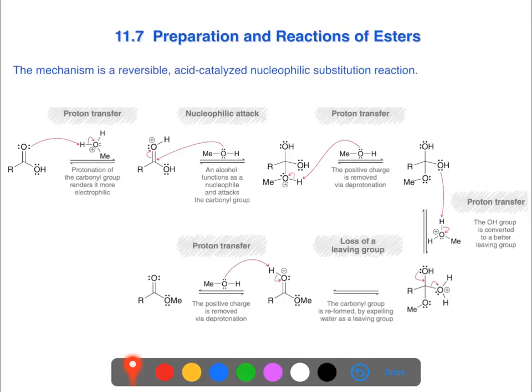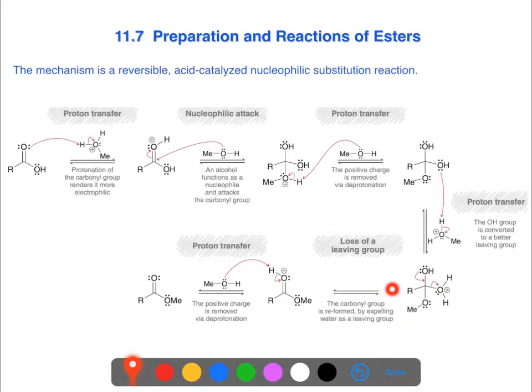Now the result of this proton transfer is taking this oxonium and making it neutral, making it less of a good leaving group. So the next step involves protonating this hydroxyl group to make it a potentially better leaving group. And so again, our protonated alcohol is our proton donor. That will protonate this hydroxyl group to give us an oxonium.